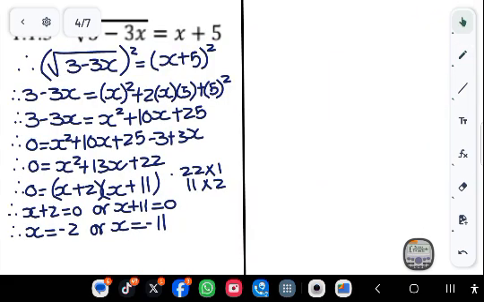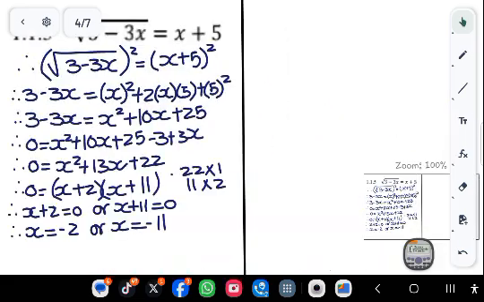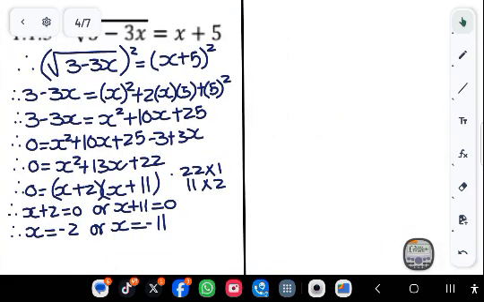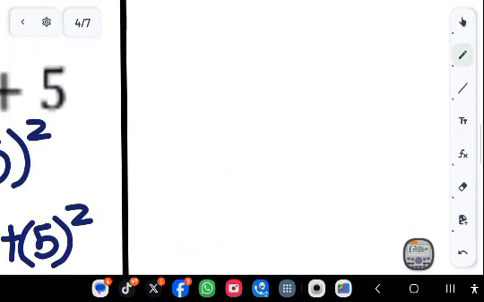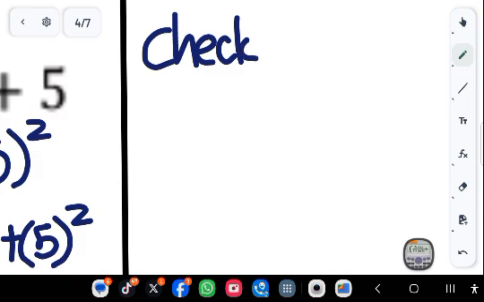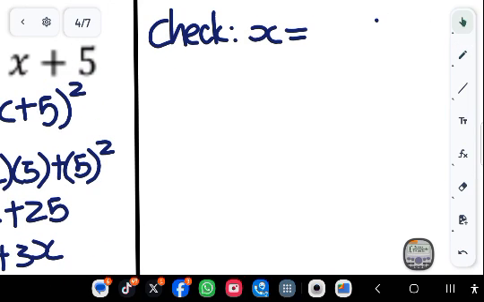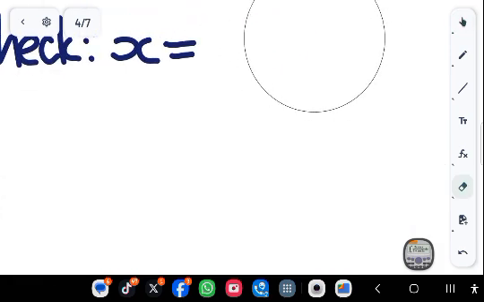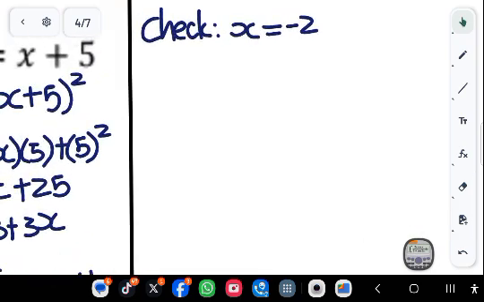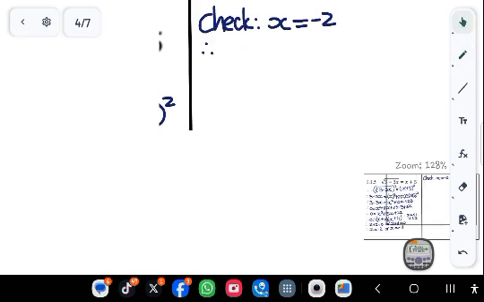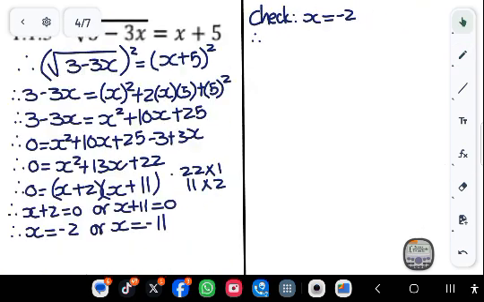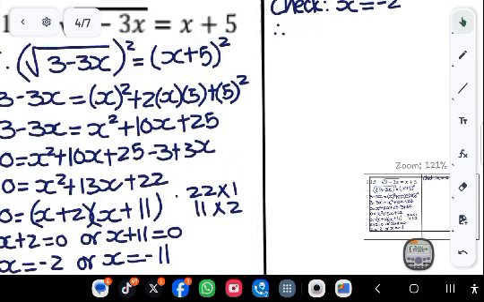And now what you do is you check. Let's check x equals negative 2, because when you square any equation, you introduce extra solutions that may not be part of the answer.